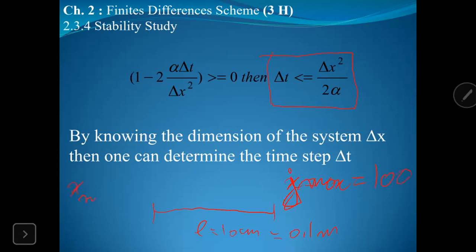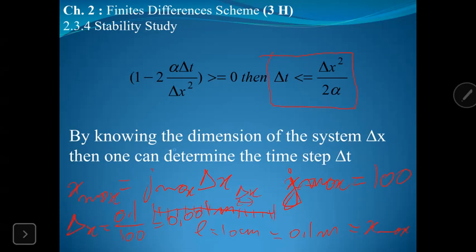Then x max equal j max delta x. Then delta x is equal 0.1 over 100. Then delta x equal 0.001 meter. هيدا step of x، يعني هيدا قطعته أنا 100 step of delta x. Each step is equal to delta x.